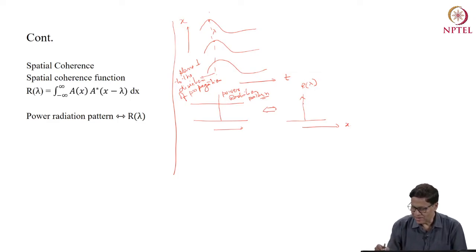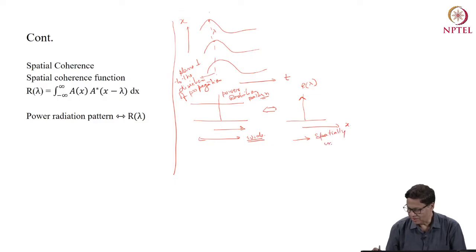When R(lambda) has an impulse kind of characteristic, the power radiation pattern is actually wide. The power is emitting in all directions, so wide emission of power. The power coming from the source is emitted in all directions. So this kind of source is spatially incoherent.